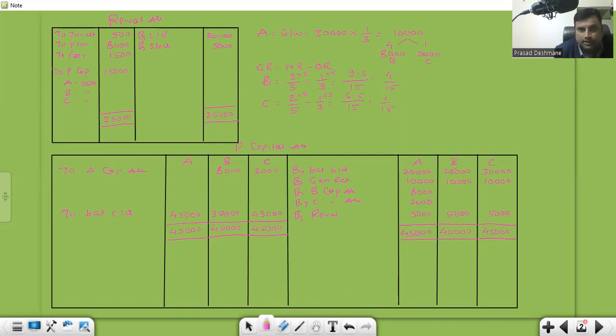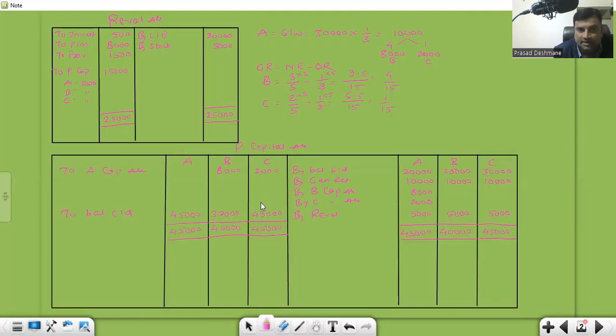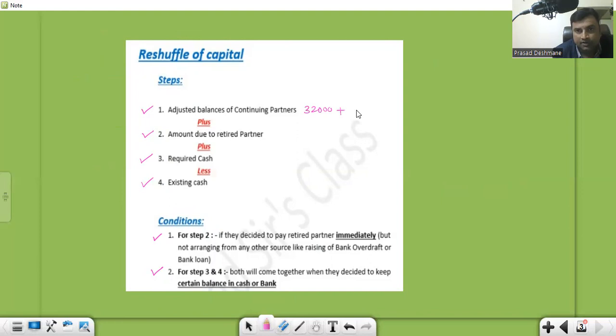That I'll write here, 32,000, B's, plus C's balance. What is C's balance? 43. That I'll add over here, 43. Right? Then it comes to 32 plus 43, 75,000. So in step 1 we got 75,000.